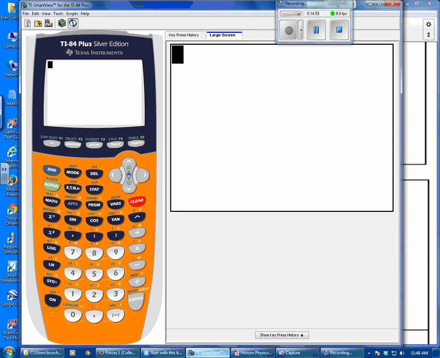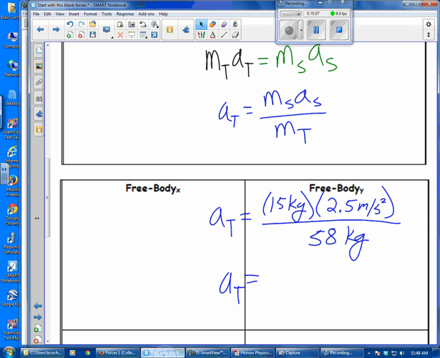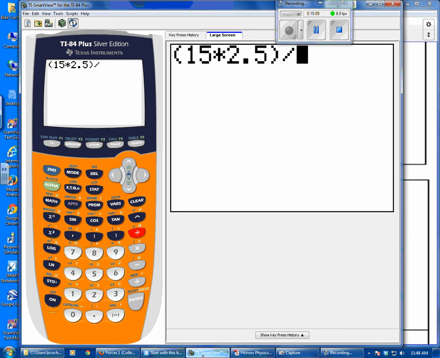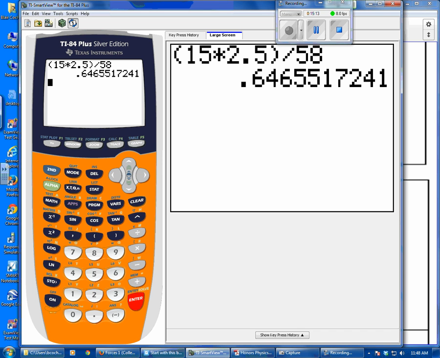So, let's see. Parentheses, 15 times 2.5, close parentheses, divided by 58. And then I get 0.64655. That makes sense.